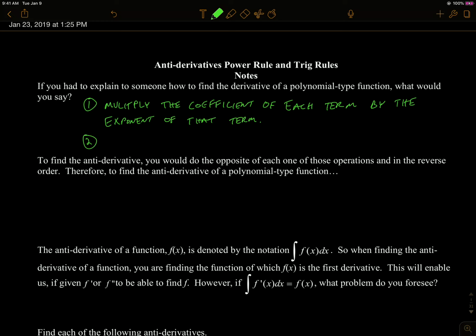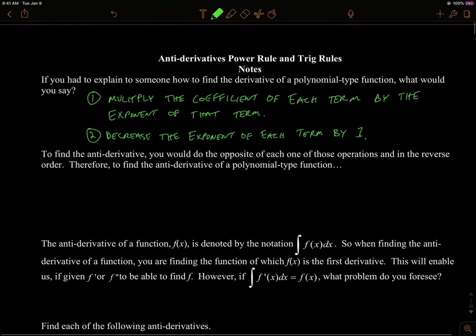Step 2 would be to decrease the exponent of each term by 1. That's our power rule, right?